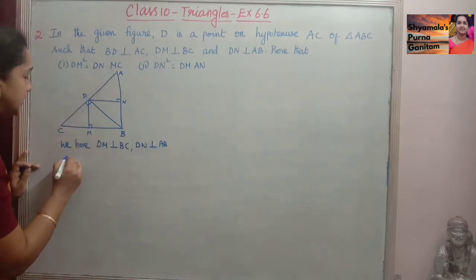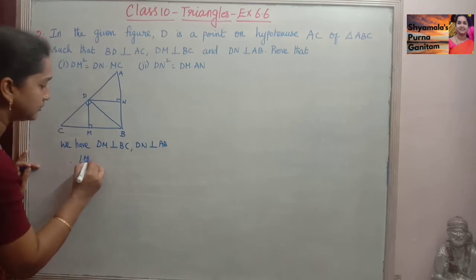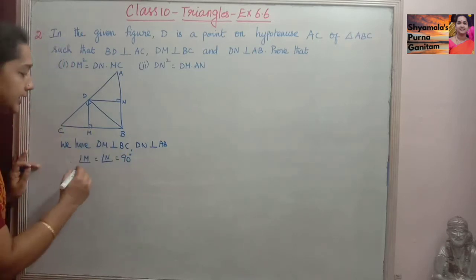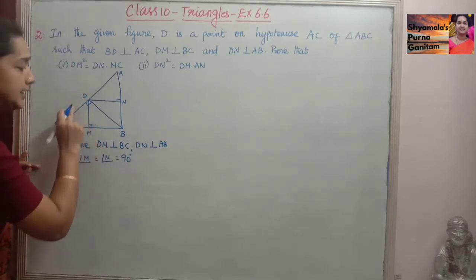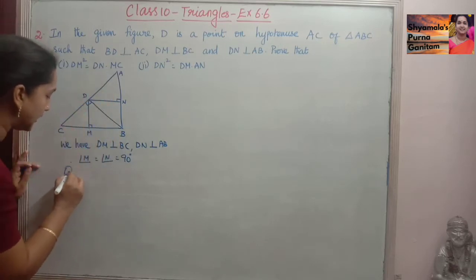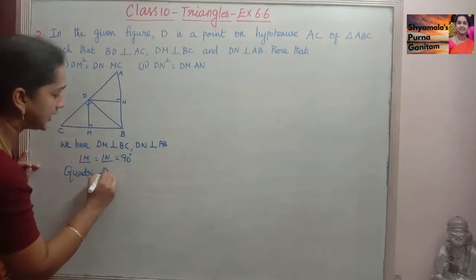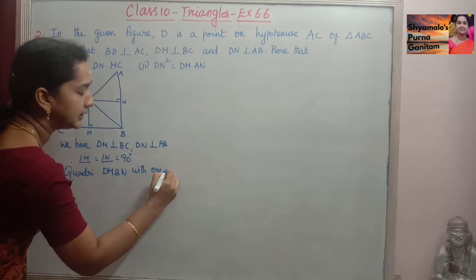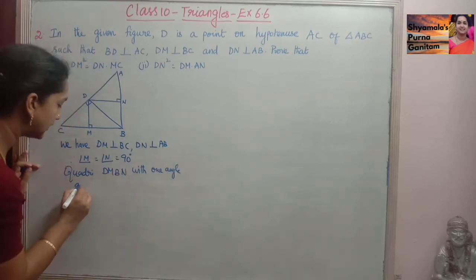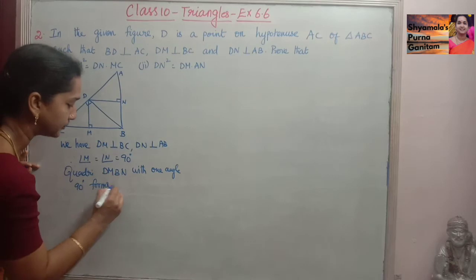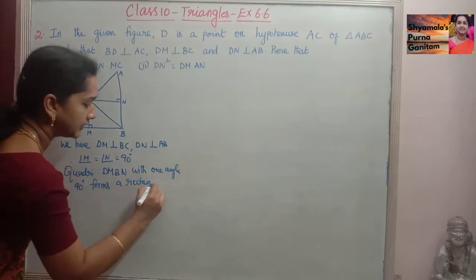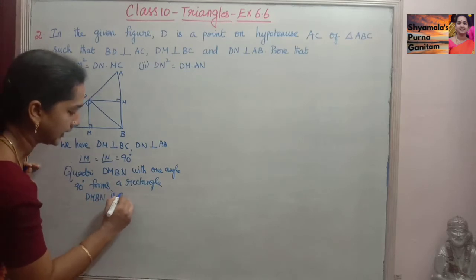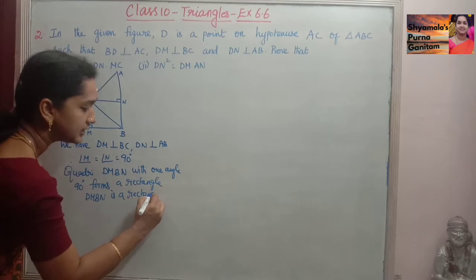So since angle M is equal to angle N is equal to 90 degrees, the quadrilateral DMBN, with one angle 90 degrees, forms a rectangle. That is, DMBN is a rectangle. So with the help of this we can say that it is a rectangle.